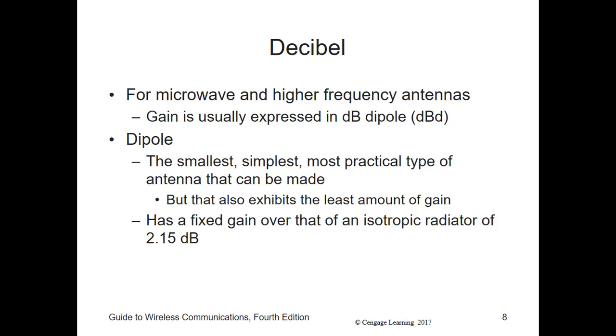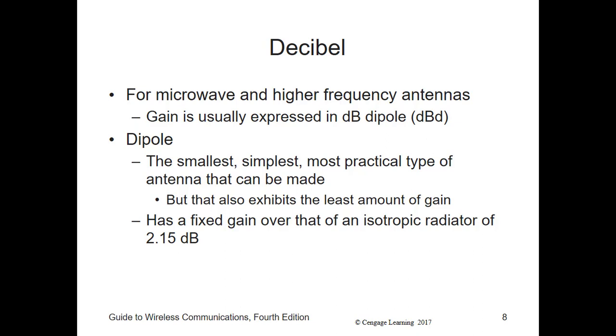So when assigning a dB factor to the gain of an antenna, the measurement must relate to some absolute value. And the most perfect radiator of electromagnetic waves is an isotropic radiator. It's a theoretically perfect sphere that radiates energy equally in all directions.